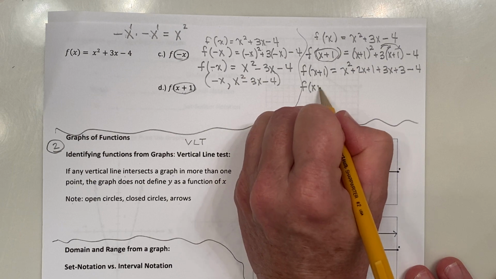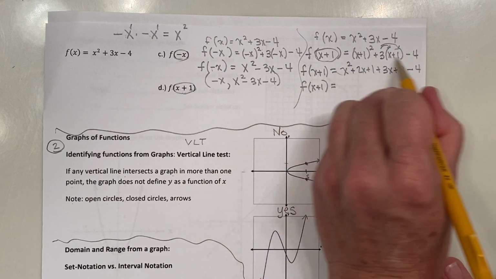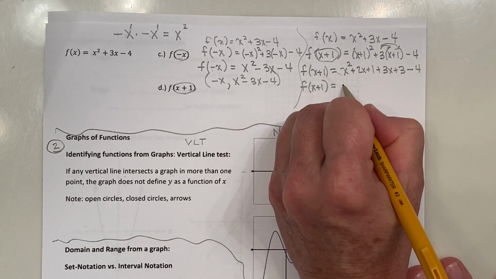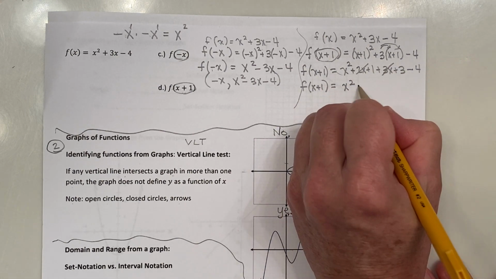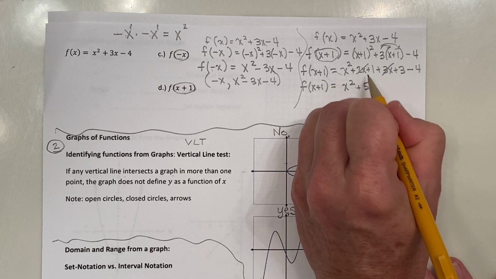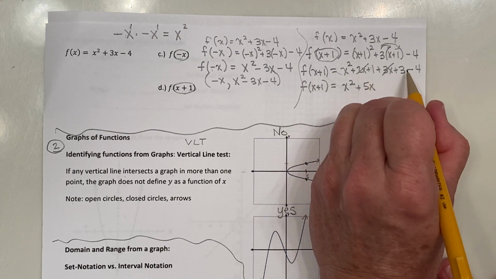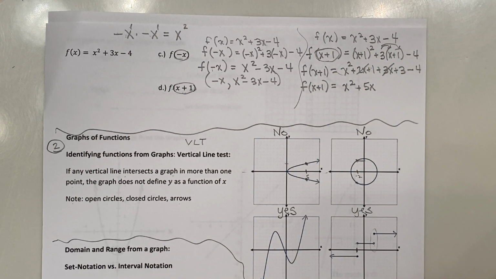As a final step, I'm going to look to see if I can clean up anything over here. Well, I have only one x squared term. I see a 2x and a 3x, so that makes 5x. And then I look at the constants, and when I add these and subtract 4, I just get 0. So in that case, I'm finished evaluating the function at x plus 1.